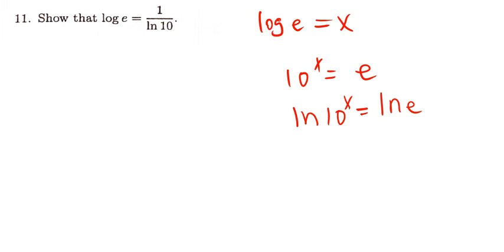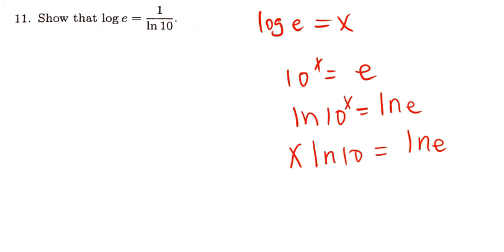Is that okay? So now the property of log allows me to shift the power to be in front, meaning I've got x ln 10 is equal to ln e. Ln e is 1. Now x is just something which I had to put just to help me find the value. Initially there is no x.